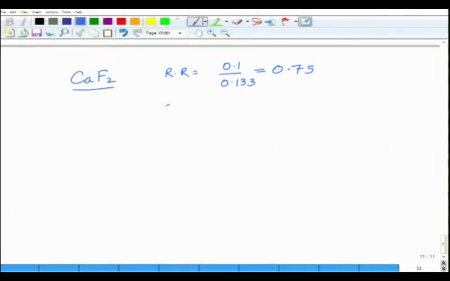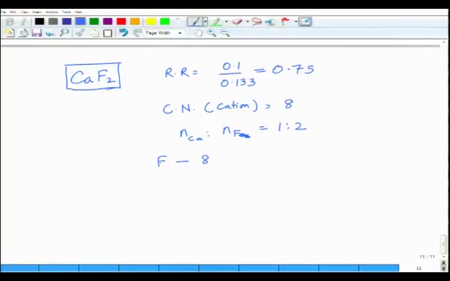So you have a coordination number of the cation as 8. But CaF2 has, for one calcium, 2 fluorines. Valence wise, calcium has +2, fluorine has -1. So if the number of atoms and the valences are uneven, then the coordination number is also going to be uneven.